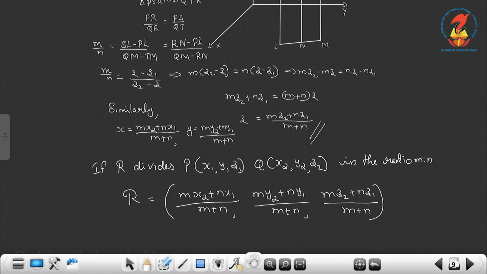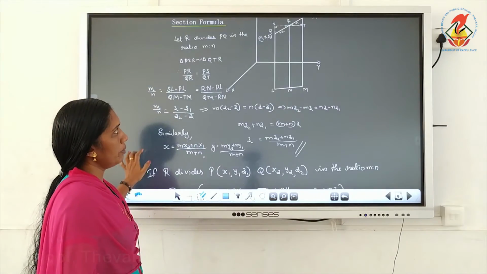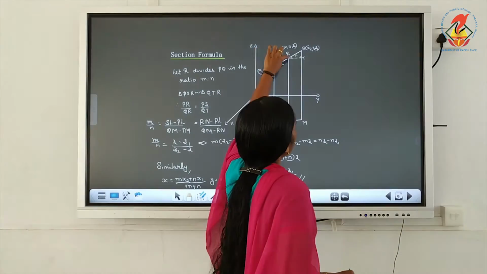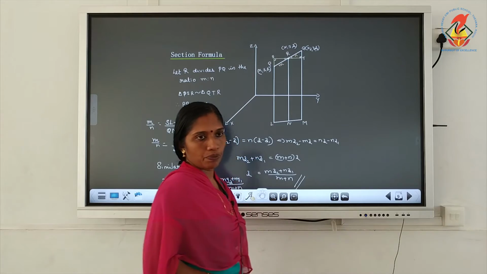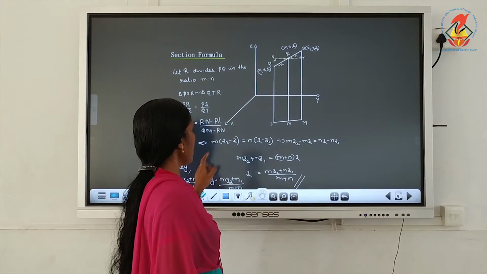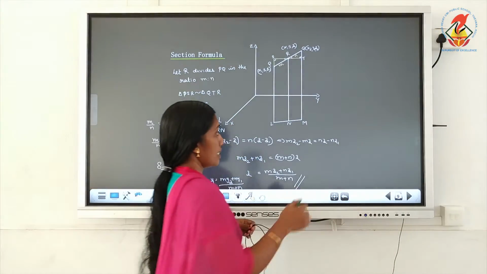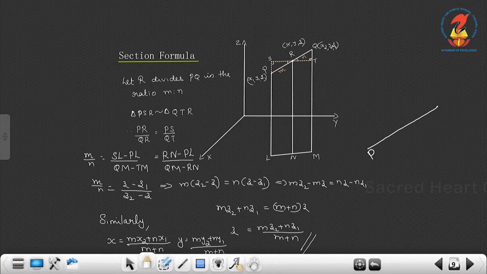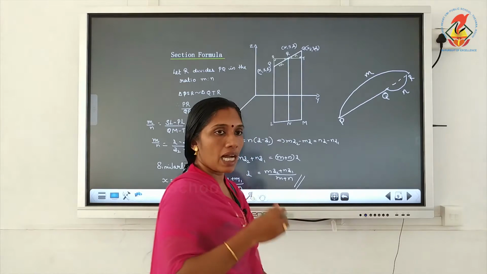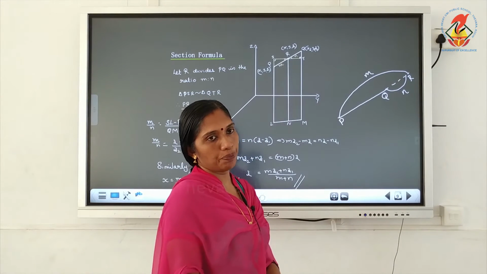Now this is internal division. What do you mean by internal division? This R is in between P and Q. Sometimes the division is not internal but external. Externally means PQ is the line segment joining P and Q, and sometimes this R is outside. That is, R divides PQ in the ratio m is to n externally, that is, R is outside the line PQ.